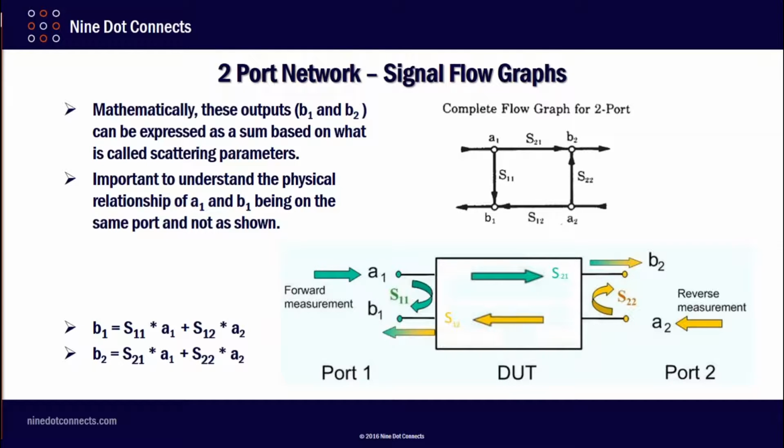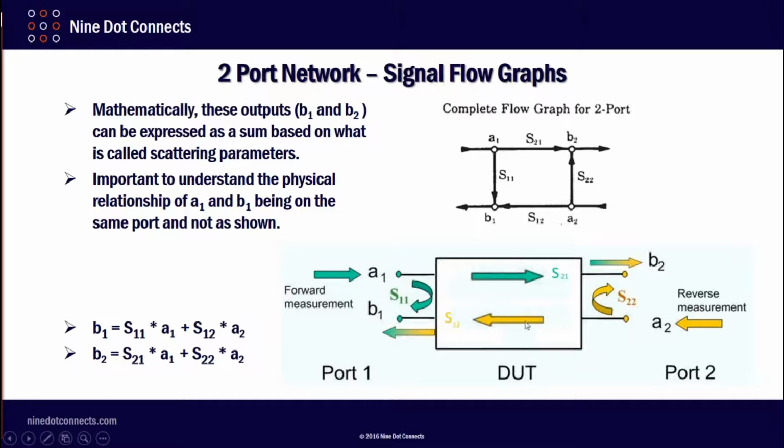Now, the thing we need to understand here is that we have the complete flow graph for a two-port network, and it shows you the physical relationship of how the scattering parameters describe the behavior of the waves as they relate to input and output. That's how we're going to come up with this equation over here for the outputs B1 and B2.